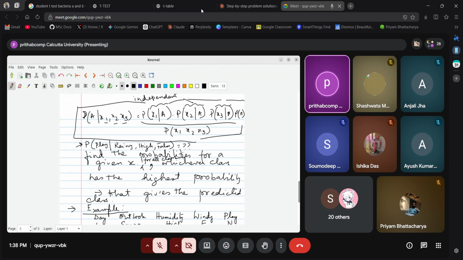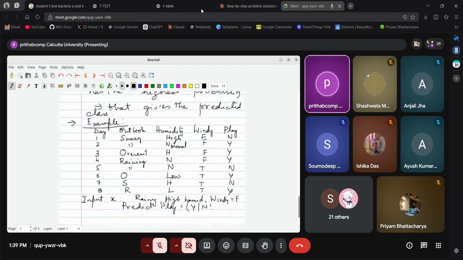So you compute play equal to yes, and also you have to compute whether play is equal to no. For both you do the same thing, and whichever has the higher probability, we take that as our predicted class.